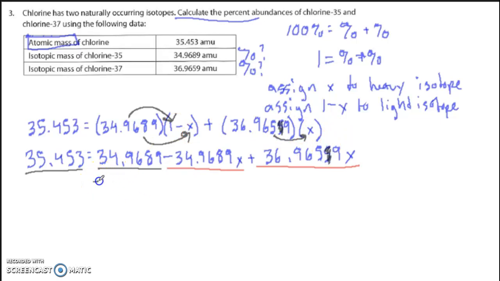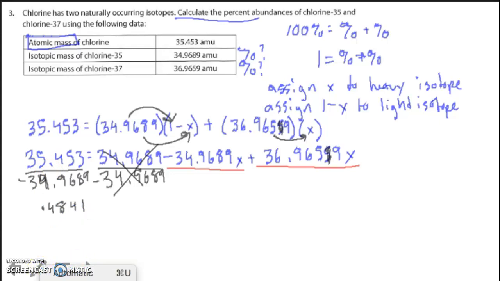Okay, so I need to subtract 34.9689. So those cancel out. Once I do that subtraction right there, I'm going to get 0.4841. So that's what I have on that side.